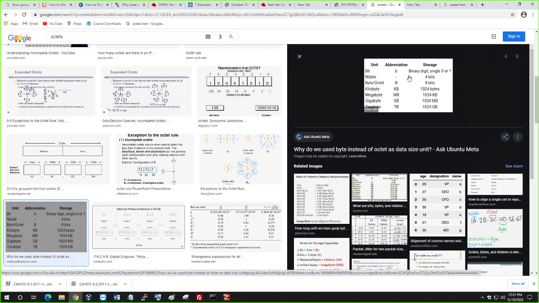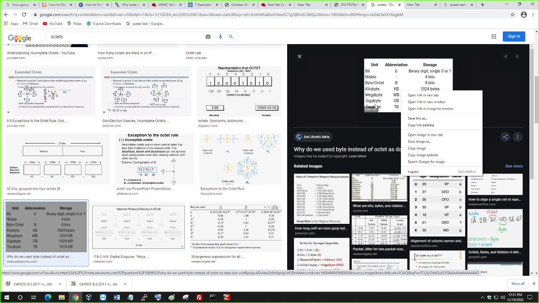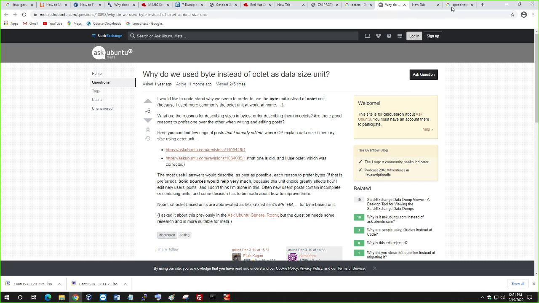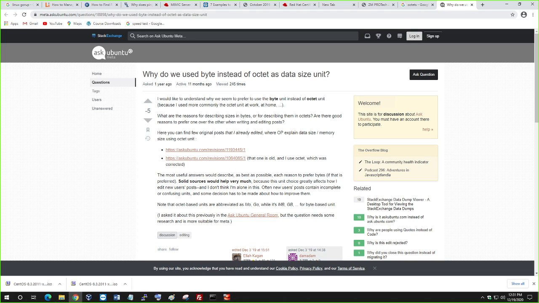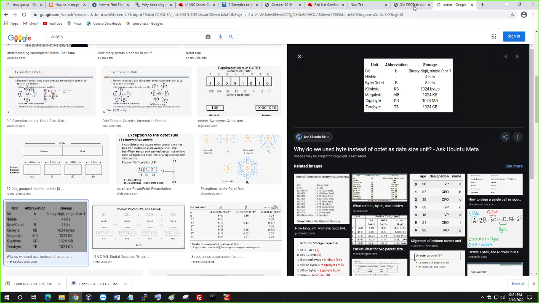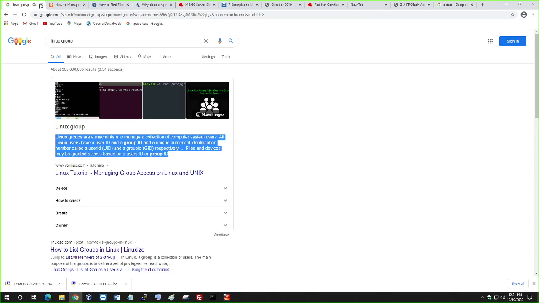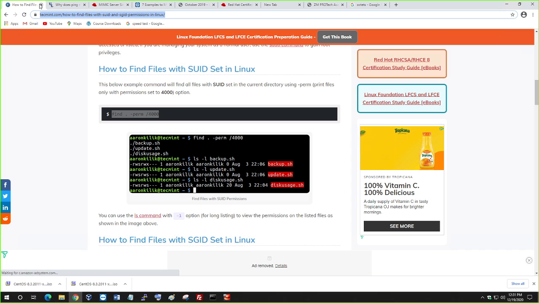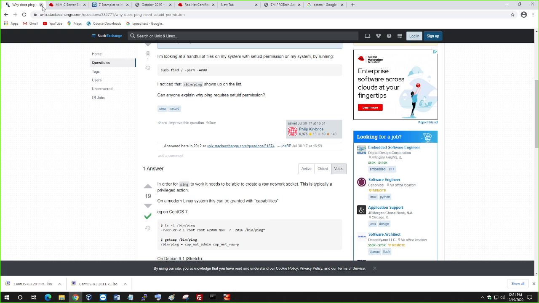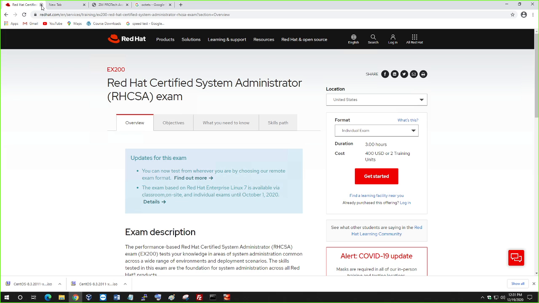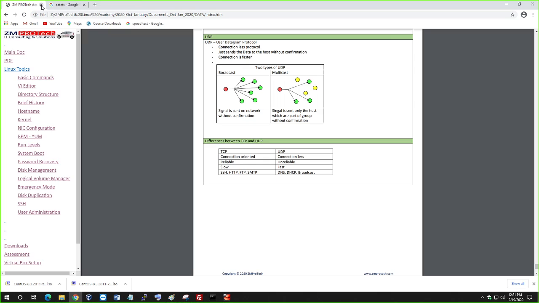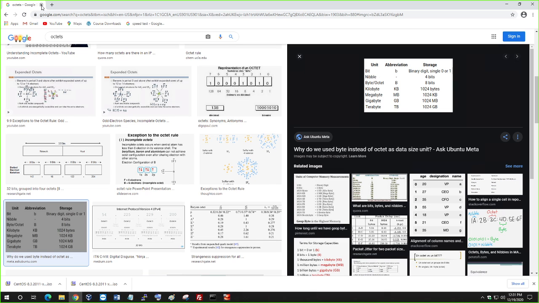So this is really good. Hold on. Too many tabs open here. I'm going to close this. Close this. Close this. Close this. So let's see here.